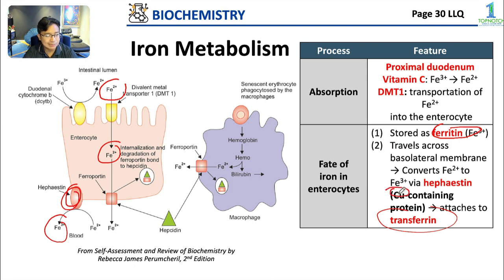So, that copper-containing protein converts Fe2+ to Fe3+ para siya makakabit kay transferrin para siya ay makagalaw sa ating circulation. Therefore, copper deficiency can also lead to iron deficiency in the body. Kasi kailangan mo ng hephaestin para makatravel ang iron sa ating circulation.